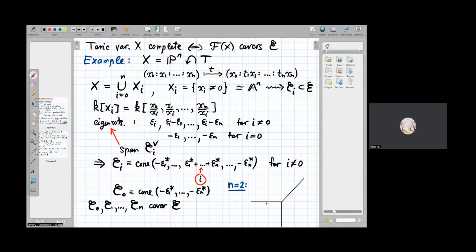So this is C naught. This is C1. And the last cone C2 is spanned by minus epsilon 1 and this sum instead of minus epsilon 2. So C2 is this cone.